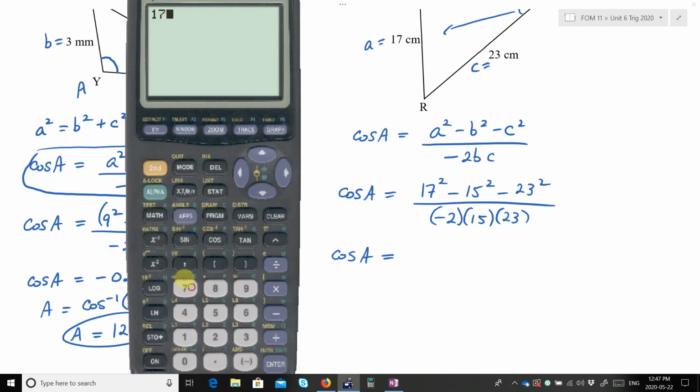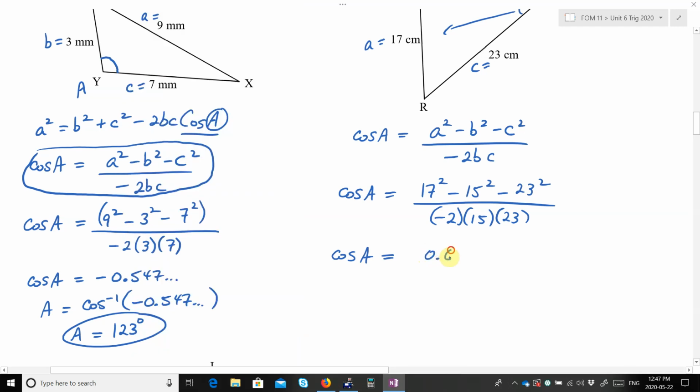Okay, so cos A is equal to 17 squared minus 15 squared minus 23 squared. Oh, I should have done brackets. And then I can insert and do brackets around it like that. Divide that by, in brackets, negative 2 times 15 times 23. Sorry, it's just 0.6739, and a bunch of stuff.